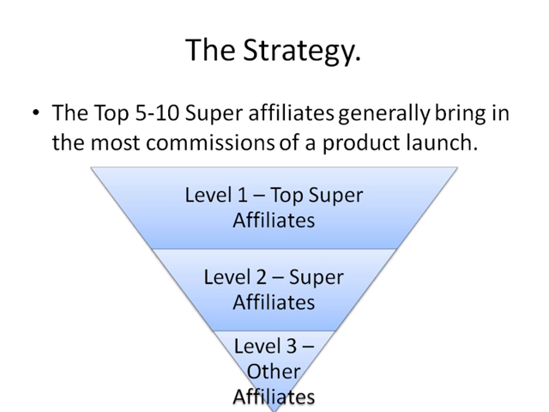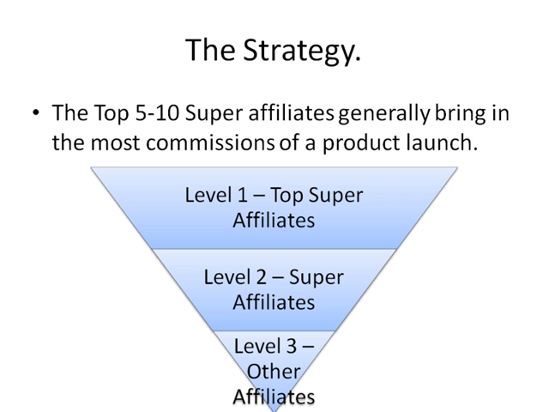The reason I split these into 2 sections is because top super affiliates are generally the people who have the list, or who know how to drive the traffic, the people who land in the top 10 or top 20 on a contest. These types of super affiliates can generate you a lot of commissions, but at the same time, you can build a relationship with these people, generate them a lot of commissions, and do a lot of work for them so that they can just simply jump on board.